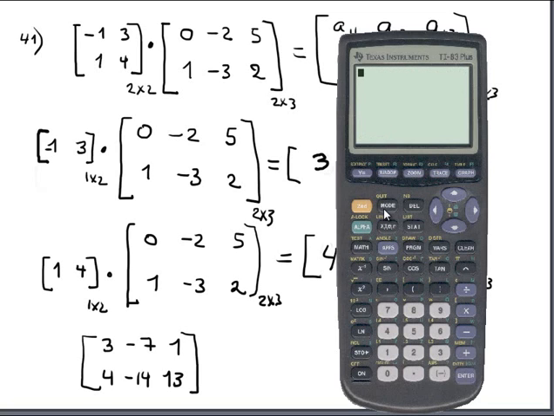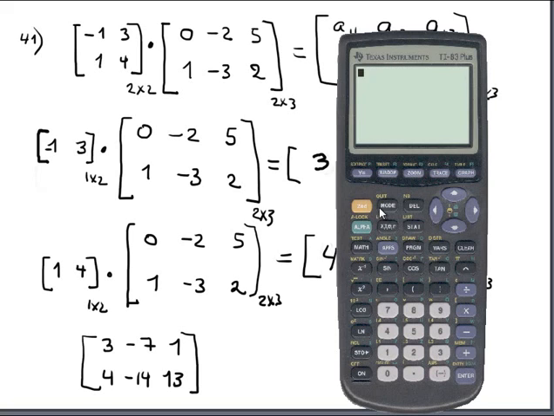Second matrix editor, matrix B. B is 2 by 3, and the entries are 0, -2, 5, 1, -3, and 2.